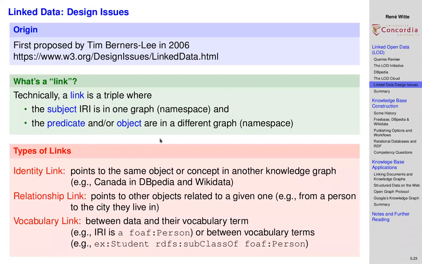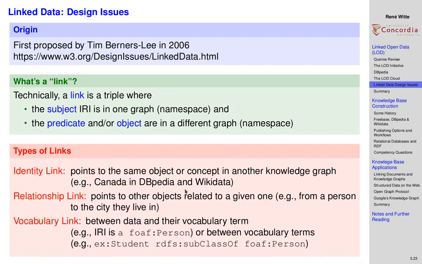So with this, you can have a number of different types of links. For example, you can have a link that refers to an object in a different knowledge graph. You can have, for example, the subject Concordia in one graph, and then the country it's located in a different graph, like Concordia in DBpedia, and then you have a triple where it links to Canada in the Wikidata graph.